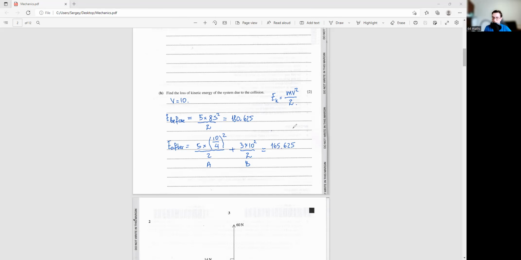Now we're looking for the energy loss, which is going to be the energy before minus the energy after the collision. And we can write down the answer straight away because 180.625 minus 165.625 is going to be 15 joules.